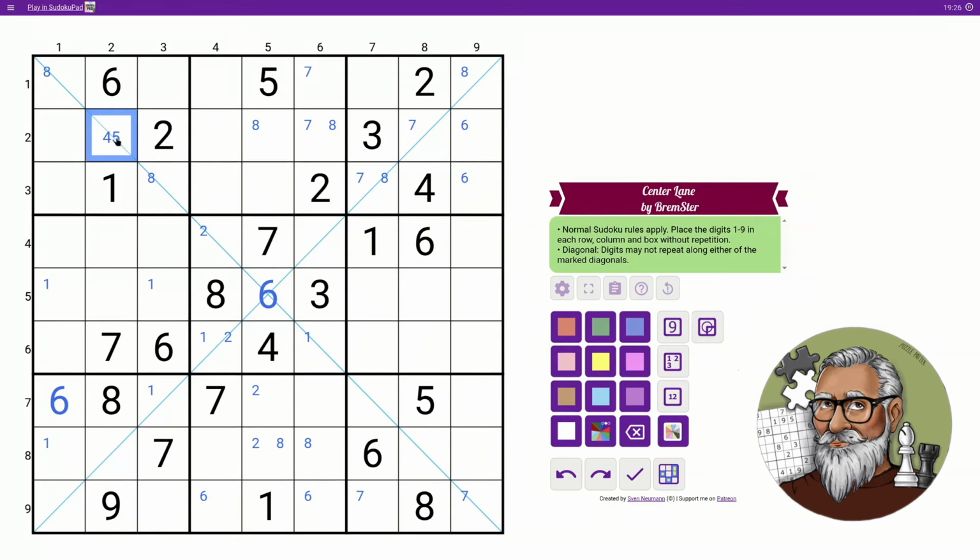Notice again the different kind of pencil marking. You can go back to the first video in the series, as previously mentioned, if you want more explanation on how to pencil mark or why we pencil mark like that. The Reader's Digest version is that this is called corner pencil marking, and that's for all the possible positions for a certain digit within a box.